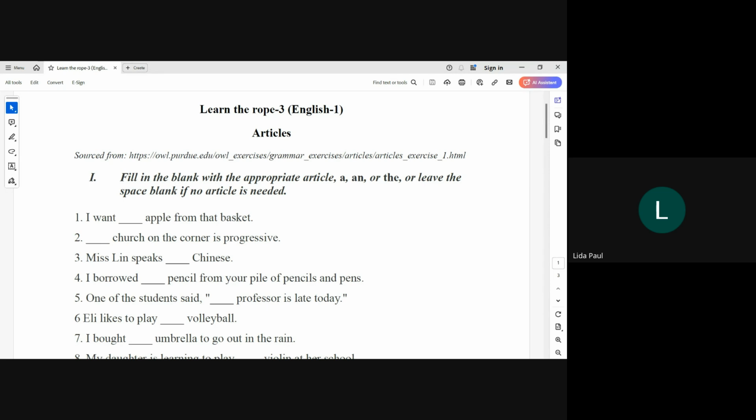Specificity. Now, among a, an and the, how many of them can show specificity? Will a and an be able to show you specificity? So if I say I want a pen, am I being specific or am I saying this in general? Ma'am, specific?